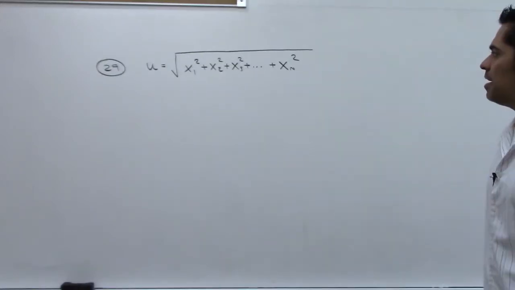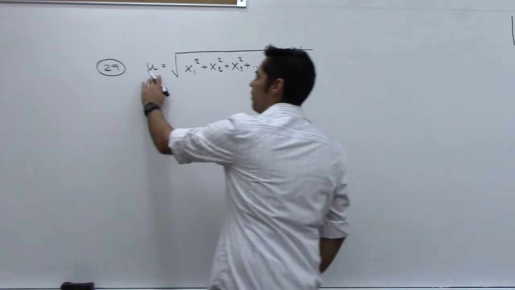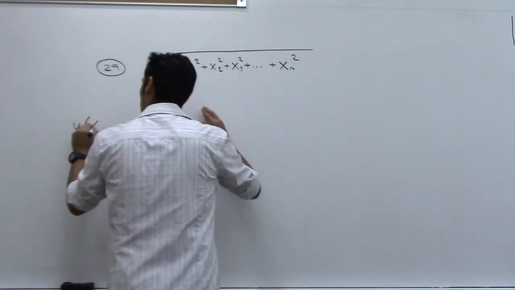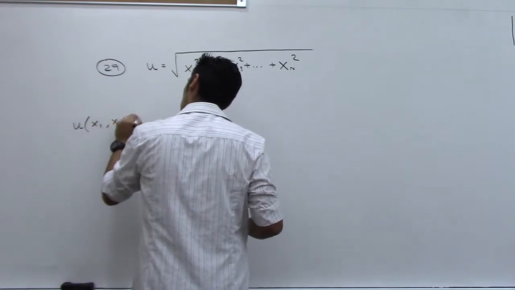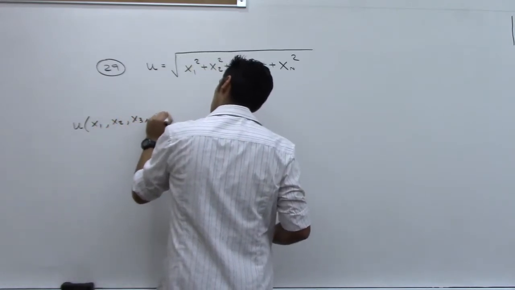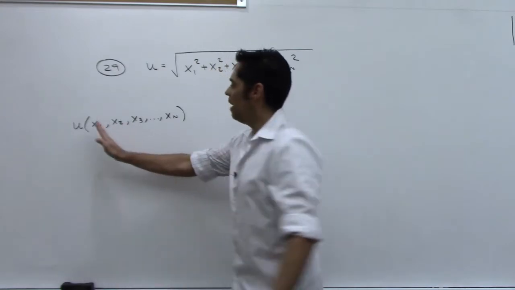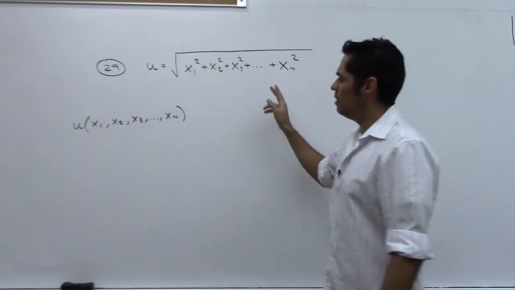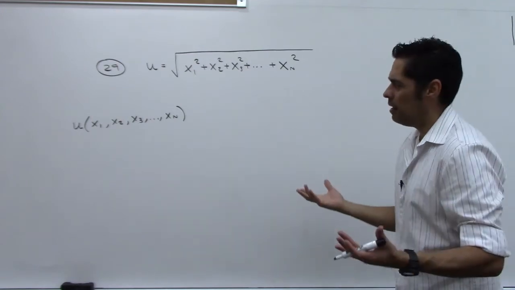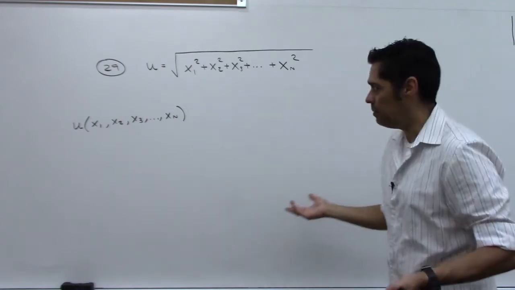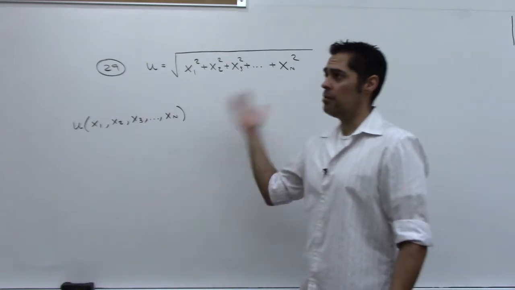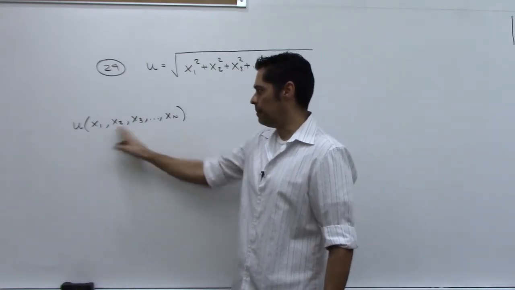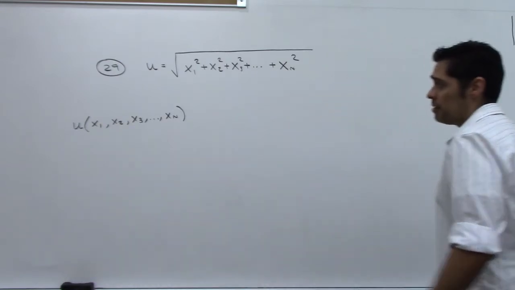What this is saying is that u is some function of the variables x1, x2, x3, xn. So there's actually n different variables, but we're just using subscripts instead of x, y, z, because eventually you run out of letters. You only have 26 letters in the alphabet to work with, but what if you have 100 variables? This is a better way of notating 100 variables. You just subscript them. You'll never run out of numbers.